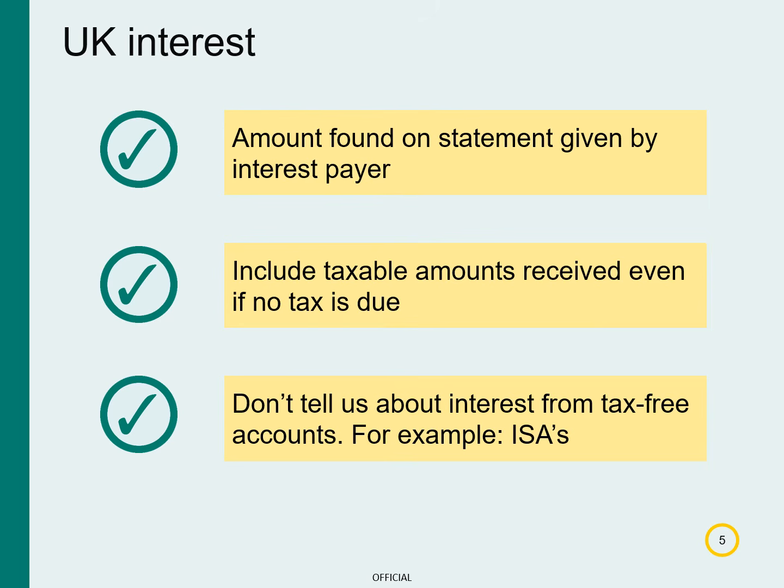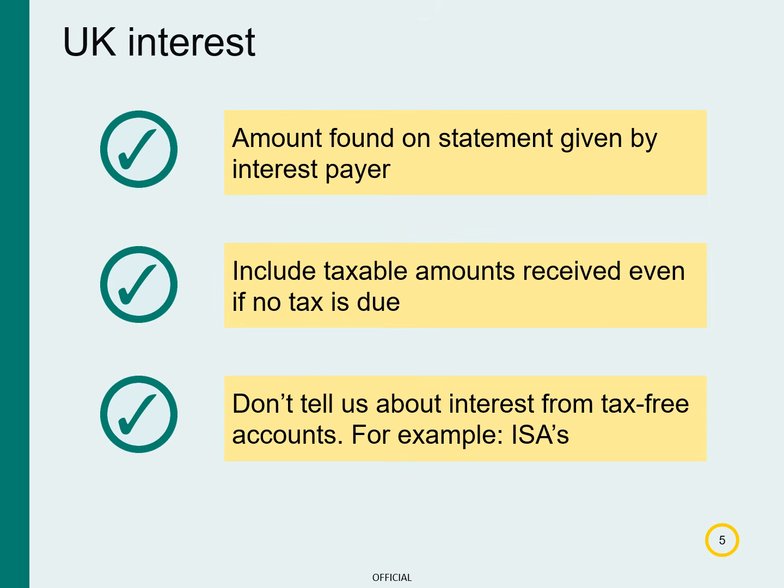Let's start with UK interest. The amounts you need to tell us about will be on the statement given to you by the interest payer. Although many people can earn some interest from savings without paying tax, you should still include any taxable amounts received, even if no tax is due. If any tax is due, the system will work this out for you.